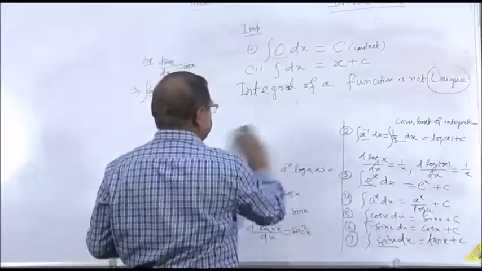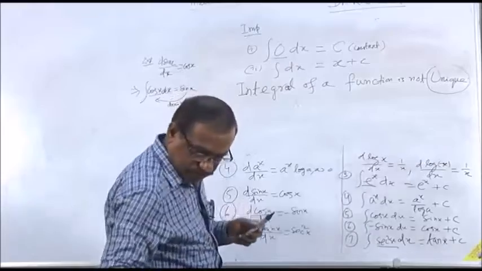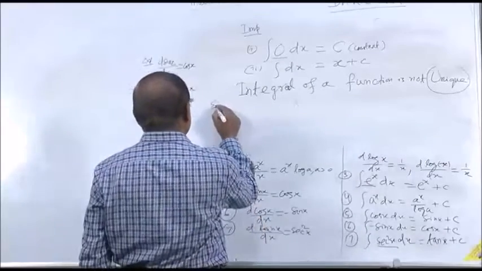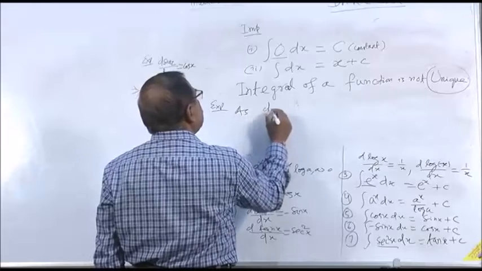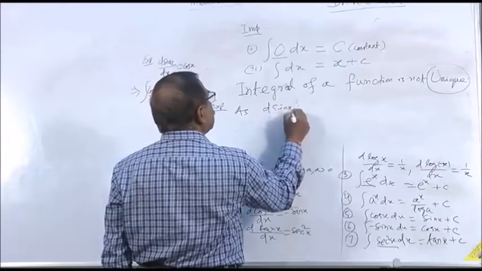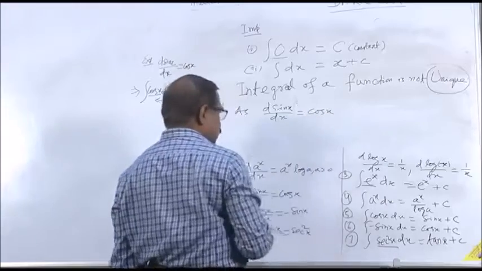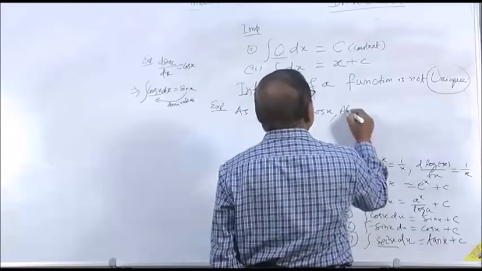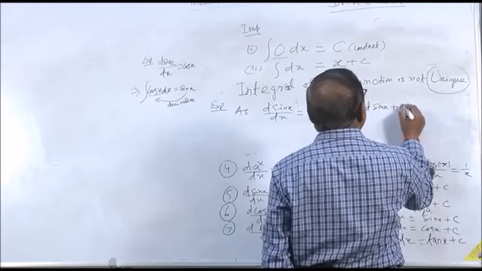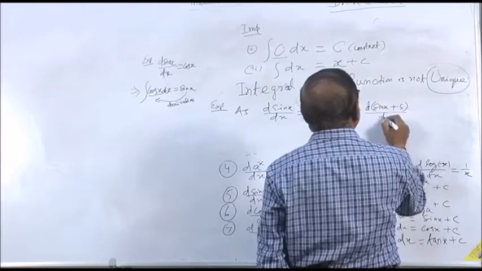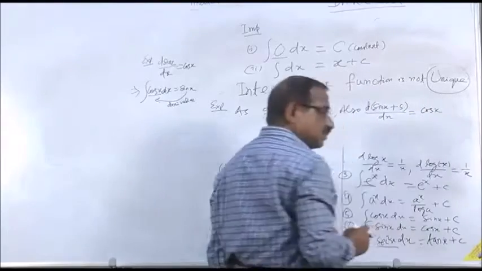You see, example: as d sin x by dx is cos x, also d of sin x plus 5 by dx is the same cos x.